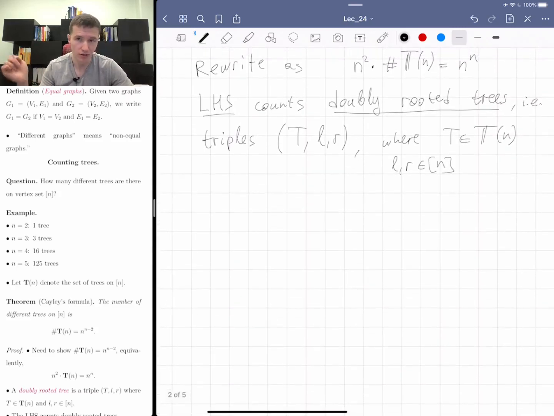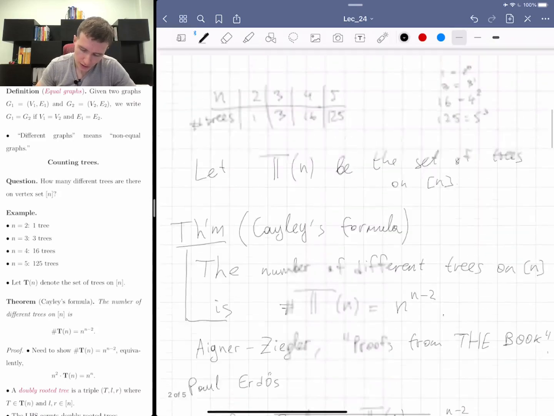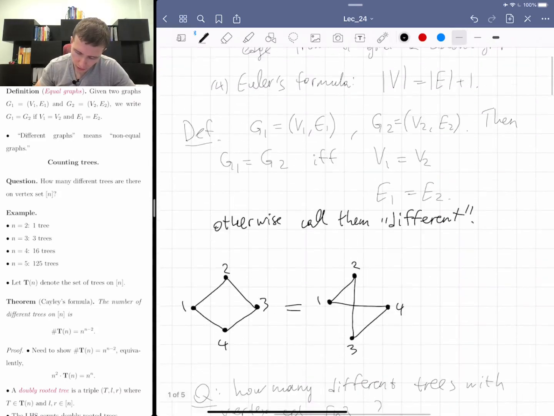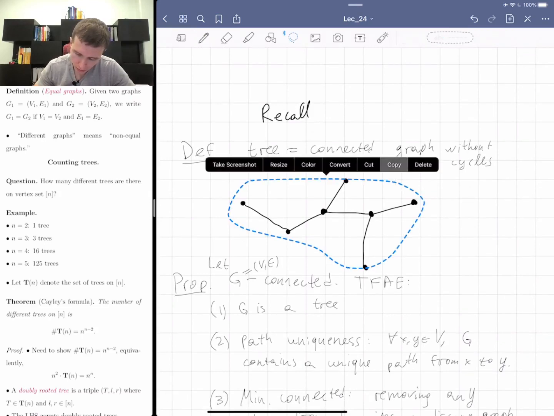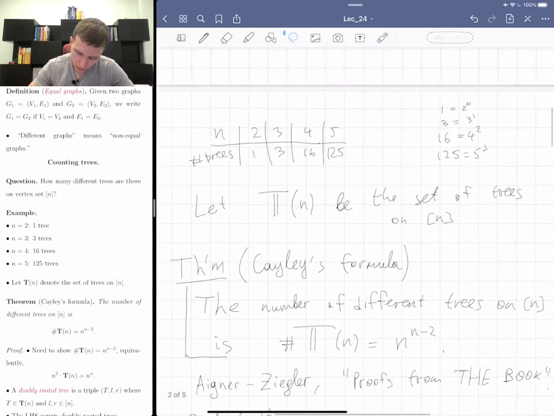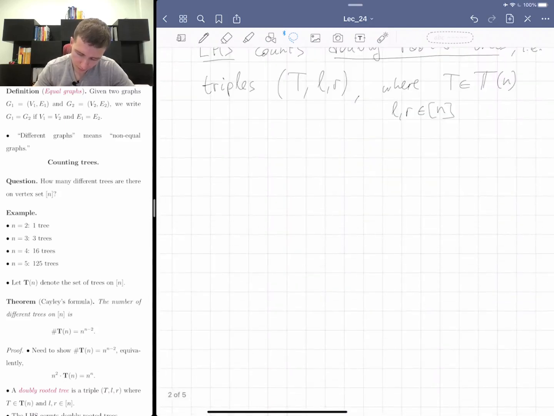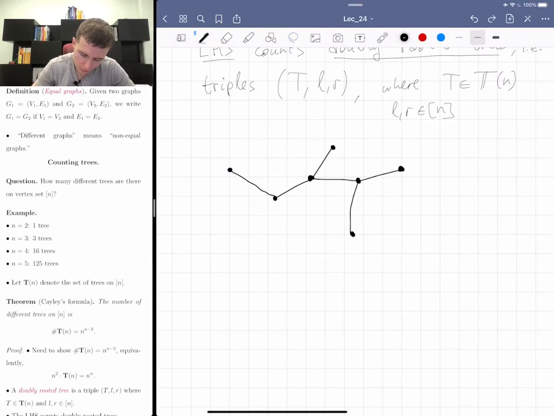Remember, the vertices of the tree are labeled. So you have some labeled tree, 1, 2, 3, 4, 5, 6, 7.